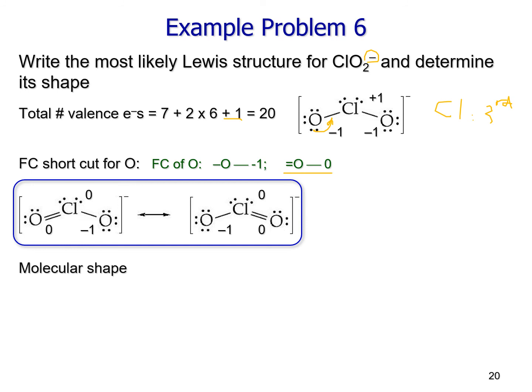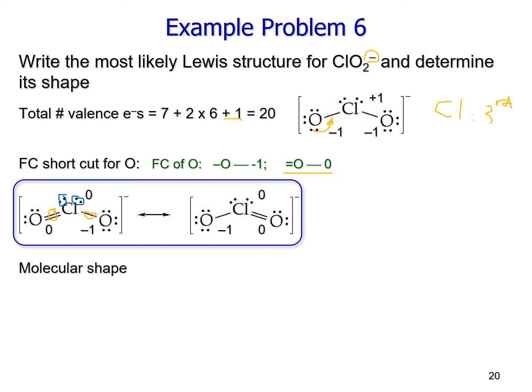These are the 2 most likely Lewis structures, so we better start with them. As we count, this is 1 electron group, regardless of double bond, triple bond, type of bond. That is another one. So we've got 2 bonding pairs and 2 lone pairs.